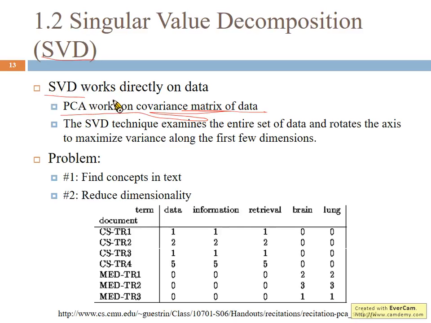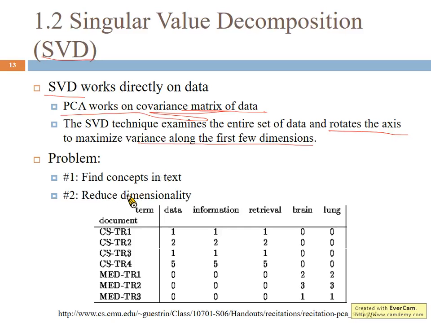But SVD works directly on data. The SVD technique examines the entire set of data and rotates the axes to maximize variance along the first few dimensions. So this is another important dimension reduction technique.